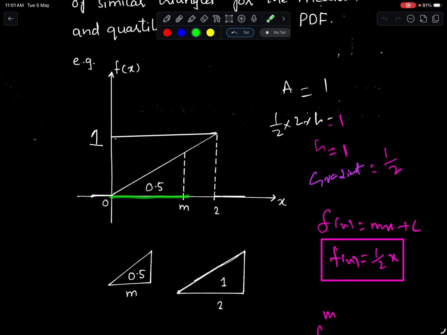The base of this small is m, whereas the base of this large triangle is 2. The area of large triangle is 1 and area of this small triangle, since this is median, is 0.5. Less than median 0.5, greater than median 0.5.